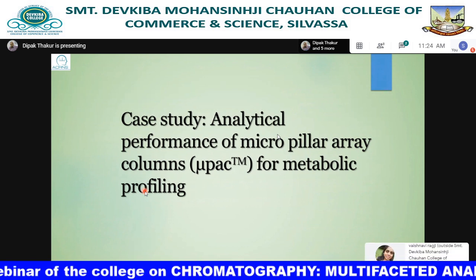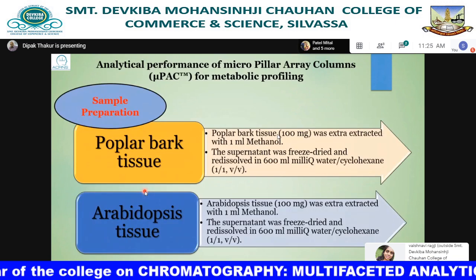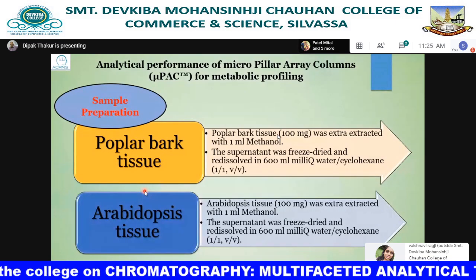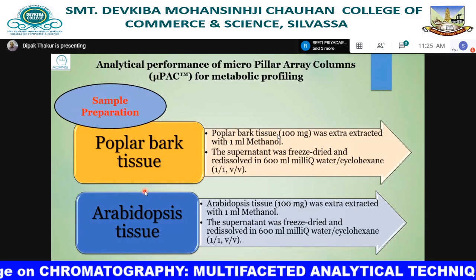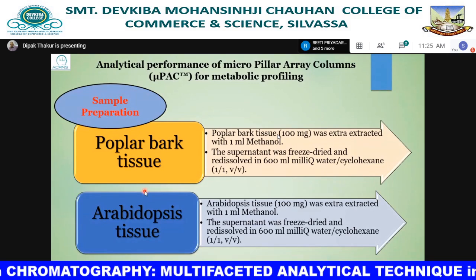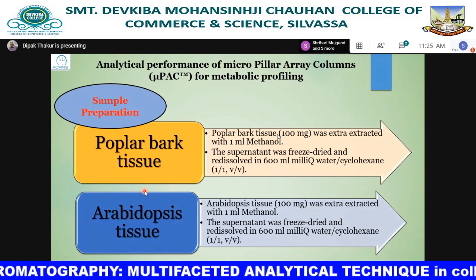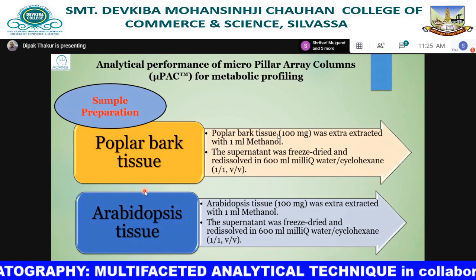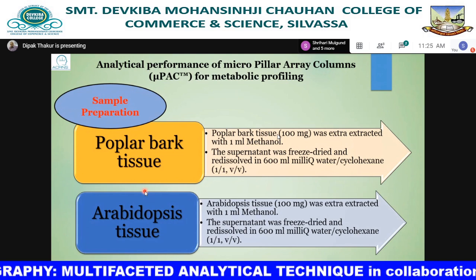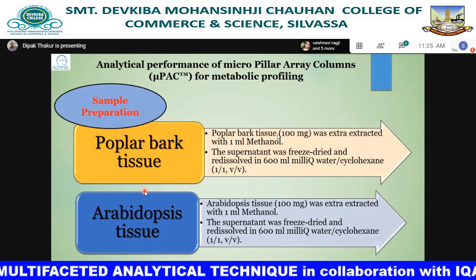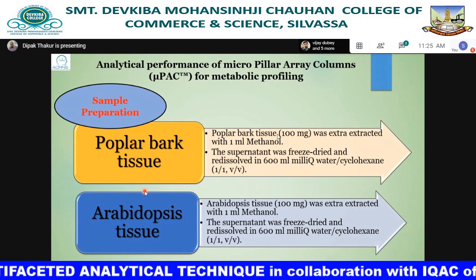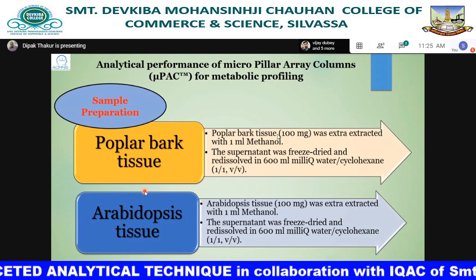So first, the case study which I'm going to talk about is the analytical performance of micropillar array column for metabolic profiling, and the samples which were taken were from poplar bark tree tissue and Arabidopsis tissue. So one is a tree, another is a plant. The tissues were extracted with methanol.